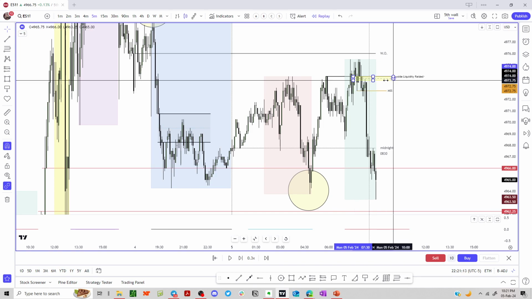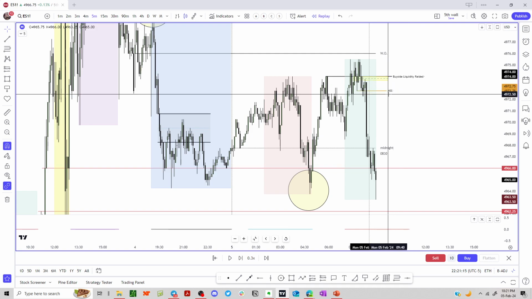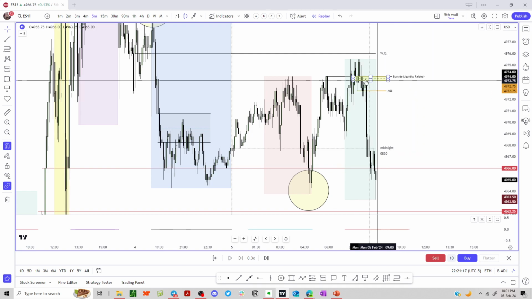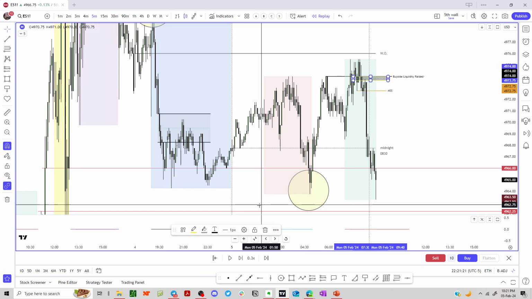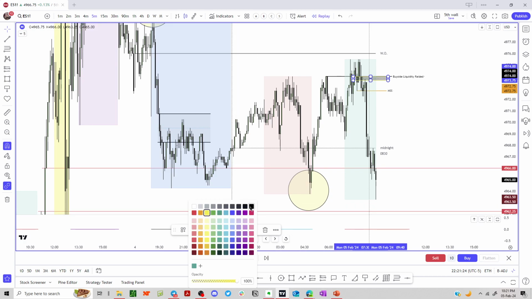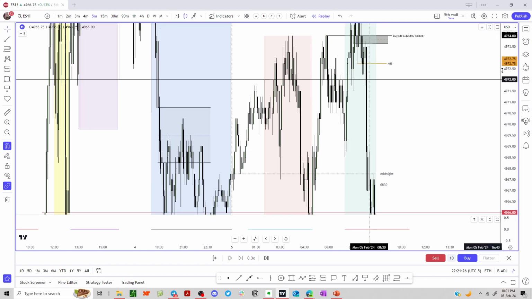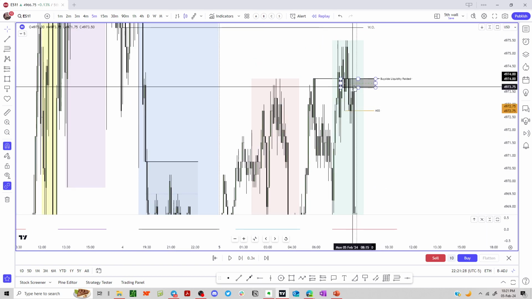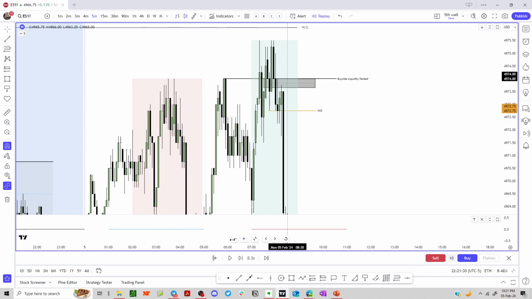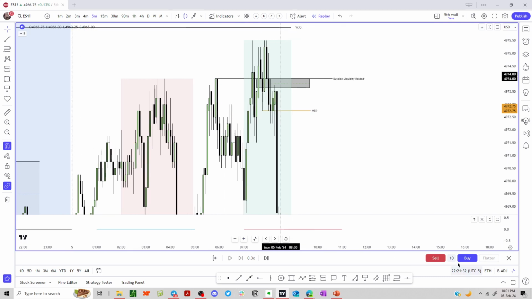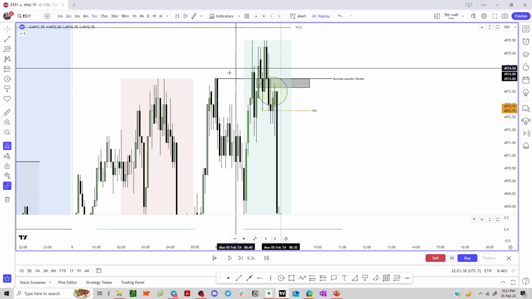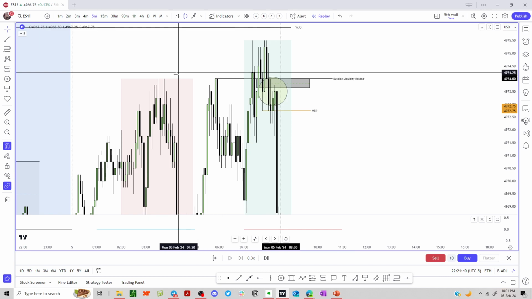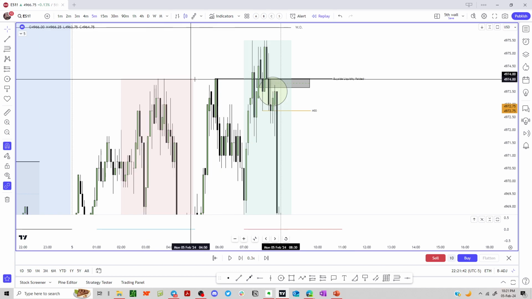Only problem is, can you be patient while it's formulating, right? So here we go. We have entry right there. That is the A plus setup. Here's your entry off this. So run on stops, swing high.